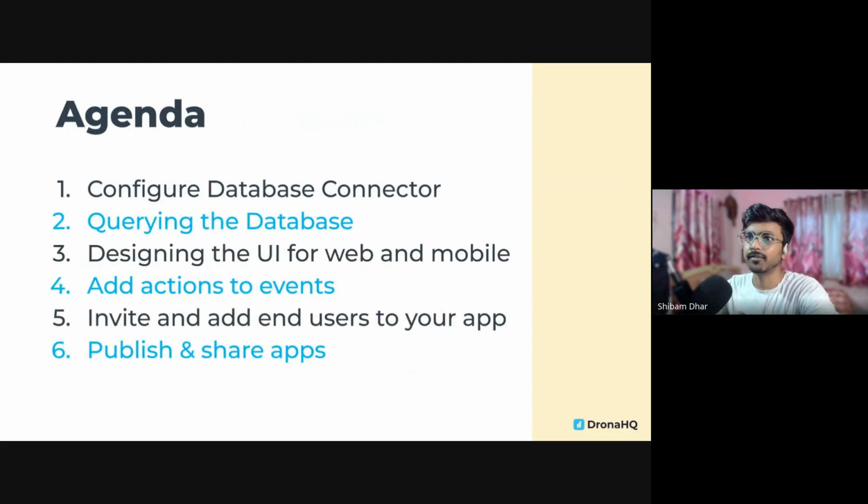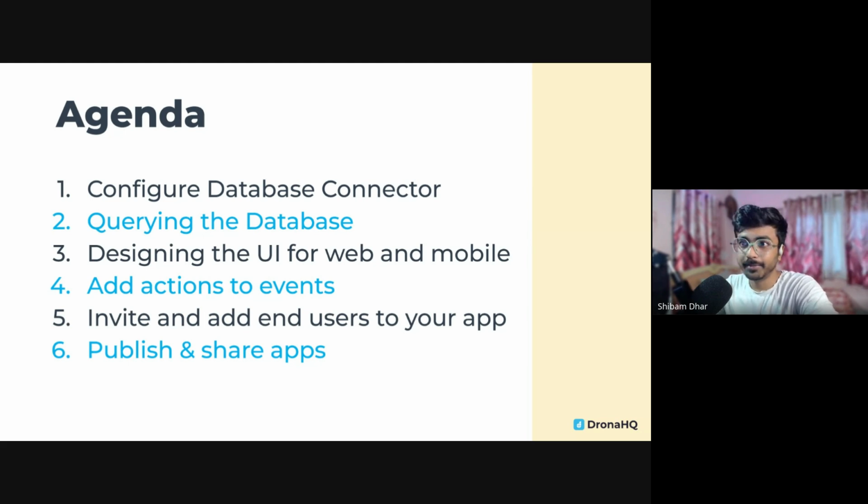And the agenda is, of course, a few basic things which we will cover, like configuring a database connector, but there is a small twist. Today we will be using Google Sheets as a connector, as DronaHQ provides third-party APIs to be configured as a connector, and the Google Sheet enables us to work with different endpoints already available on DronaHQ.